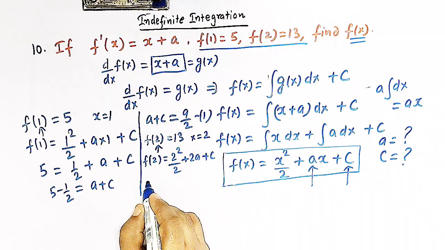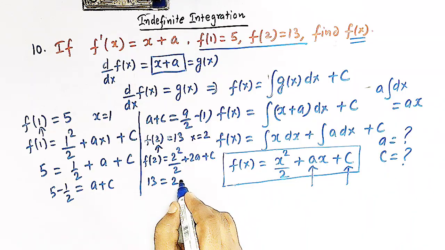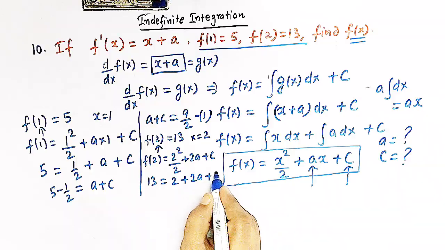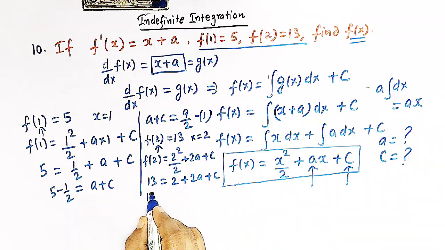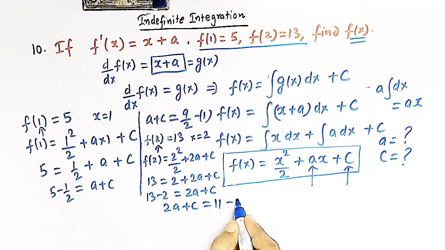So f of 2 is 13. So here we have 4 over 2 is 2 plus 2a plus c. Taking 2 to this side, we have 2a plus c. So we have now 2a plus c is equal to 11. So this is our second equation.